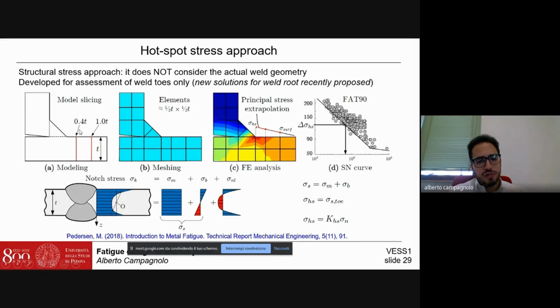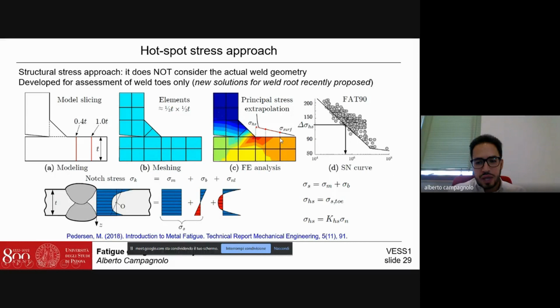After having modeled the geometry, we can define a rather coarse mesh with elements having a size on the order of half times the thickness. After having defined the mesh, we can solve the finite element model, and we can calculate the principal stress at the given distances previously defined by slicing the model.